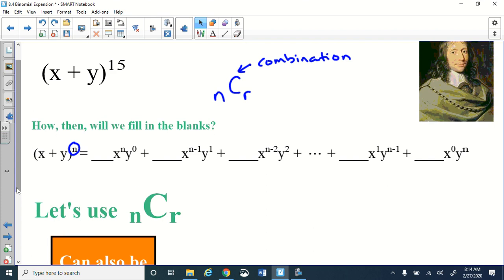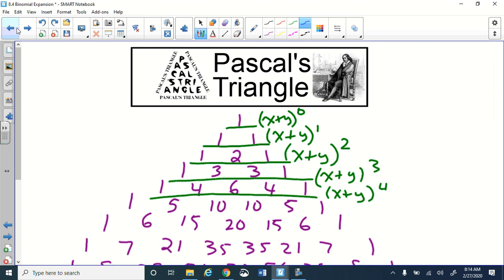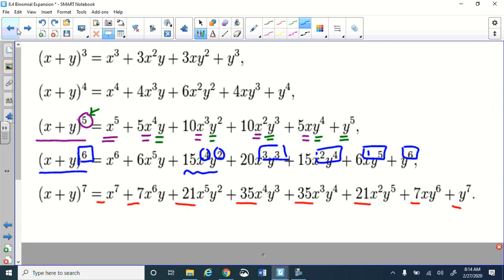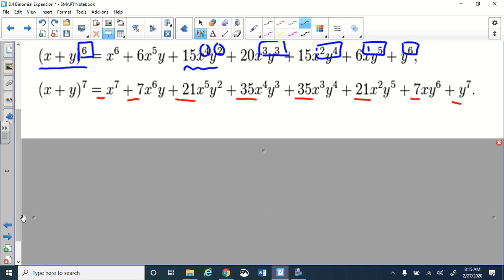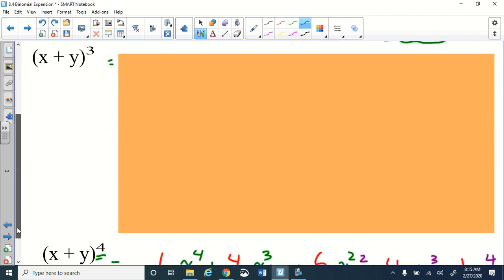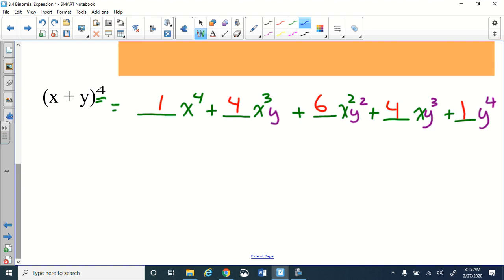I know I'm doing a lot of back and forth, but I'm trying to help you make sense of things. Let's go back to the one that's raised to the 4th power. What I want us to do is know that we could have come up with this number by doing nCr.